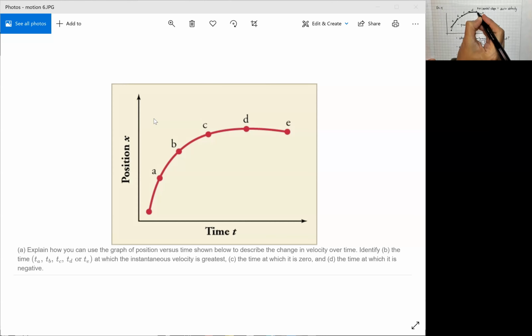And then when is it negative? The only place it's negative on this graph is going to be at point E, because it's starting to go down. On the graph that they gave us in the original problem, it's very subtle, but E is indeed slightly lower than D. So we would look for a negative slope would be negative velocity.